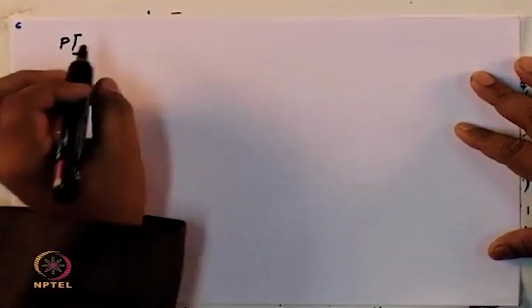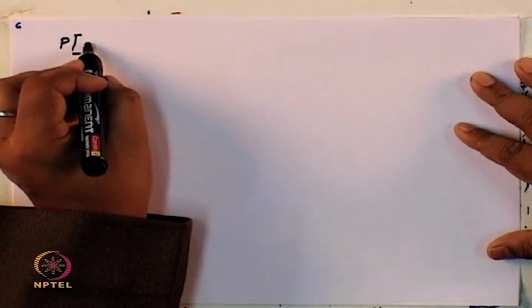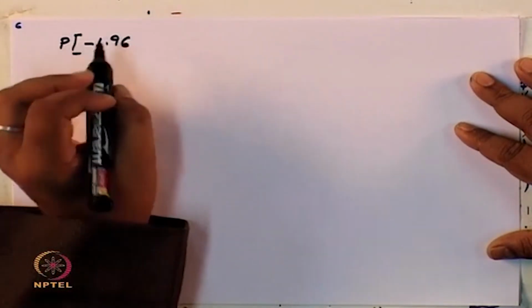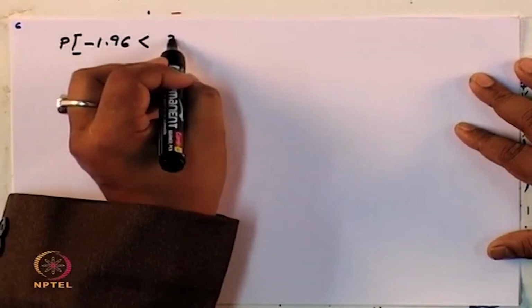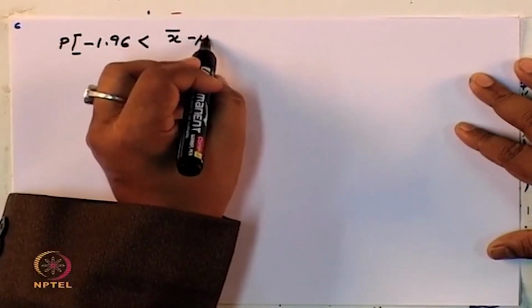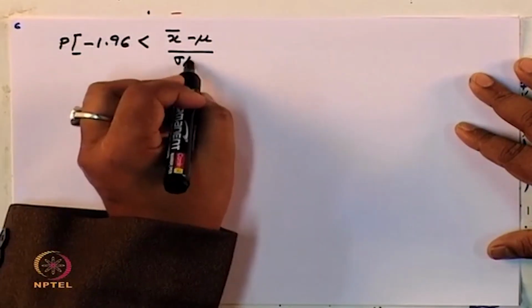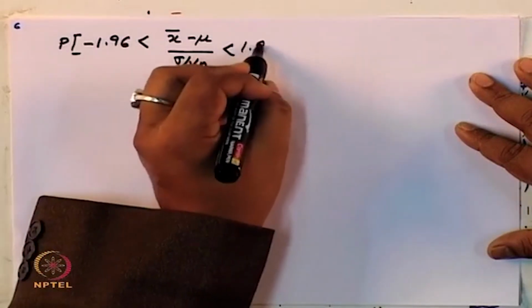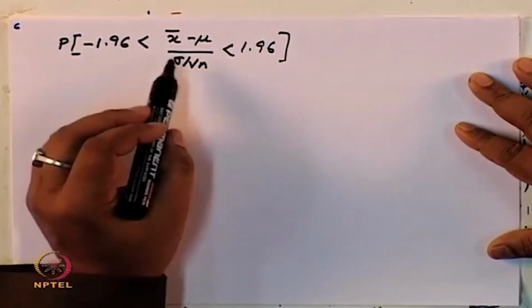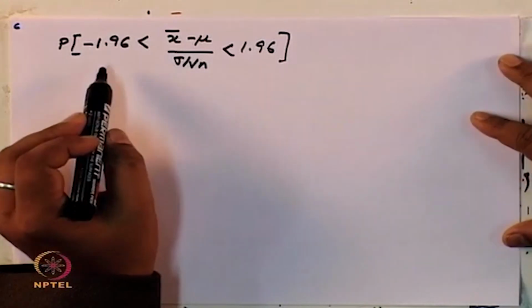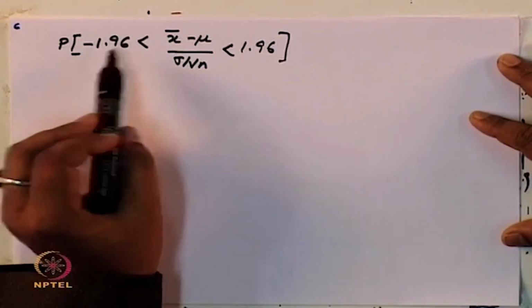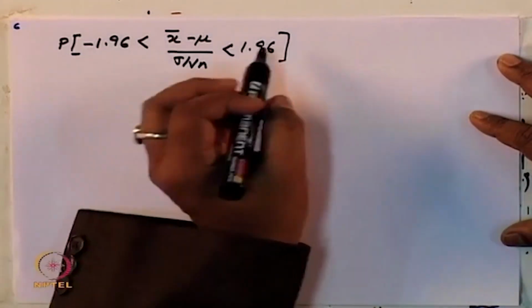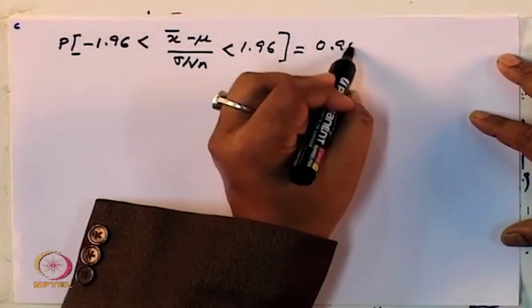So, I can write down this statement. If you are dealing with a sample mean, the probability that your standard normal variable lies between minus 1.96 and 1.96 is 0.95.